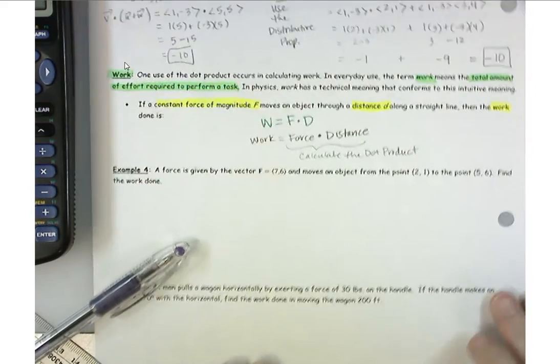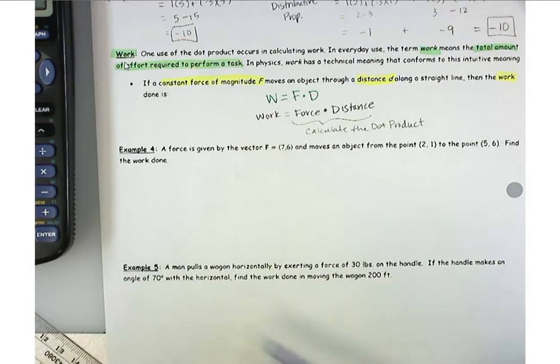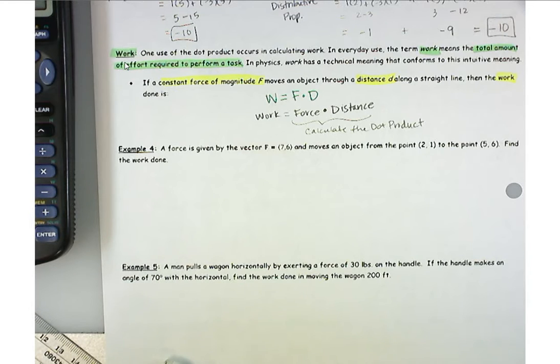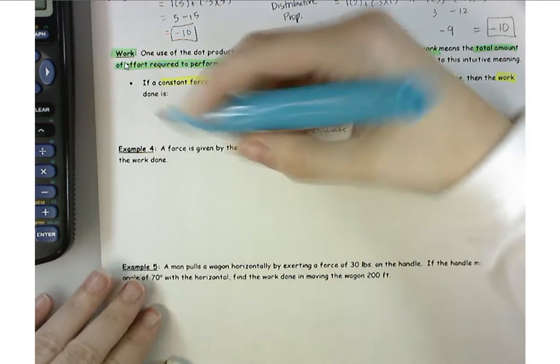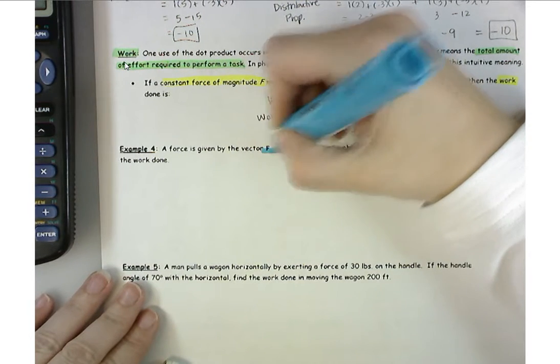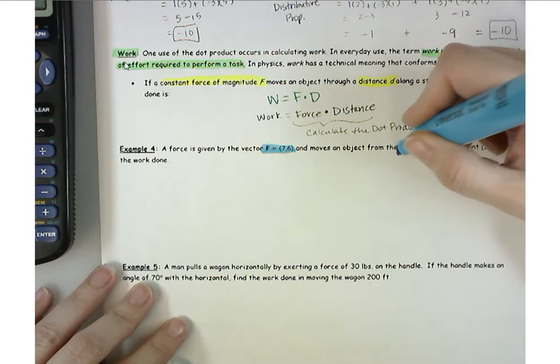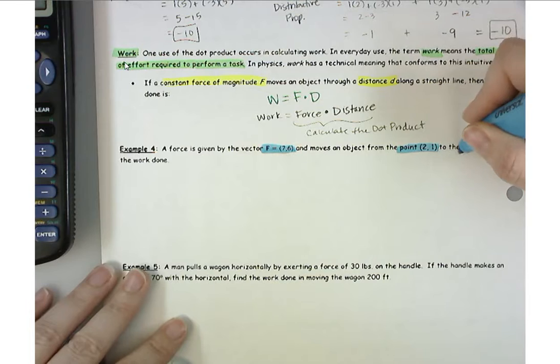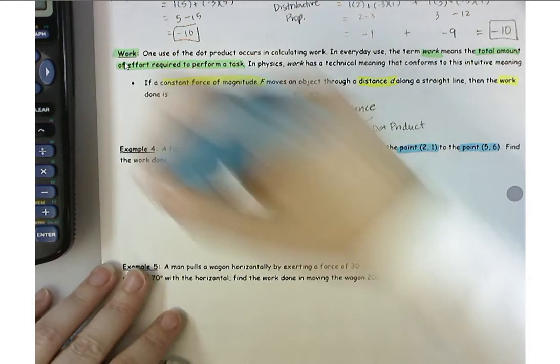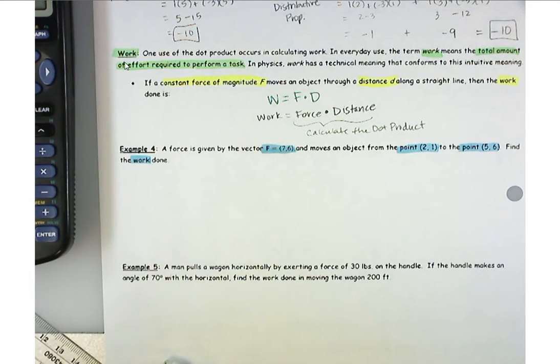Alright, so let's look at our first example. For example 4, we have a force that's given by the vector F, which is 7, 6. So we already have our force vector. It's going to move an object from the point 2, 1 to the point 5, 6, and then we have to find the work.